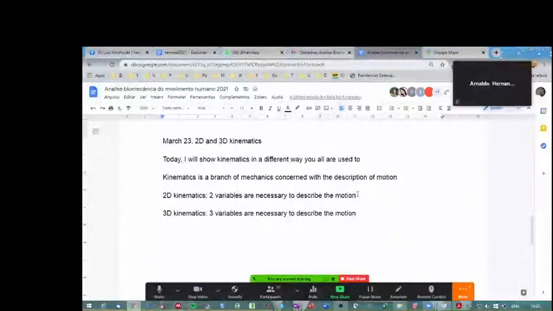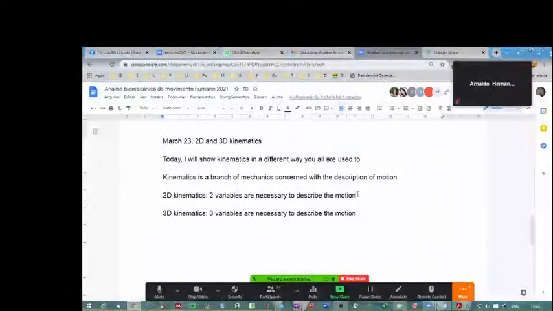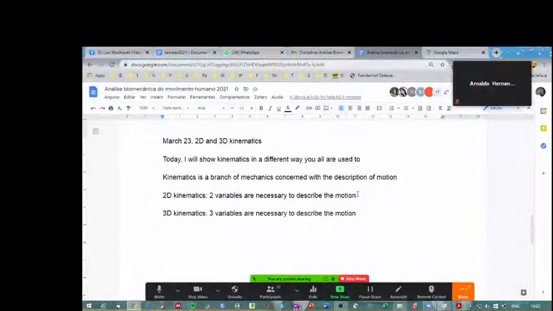This is not 2D kinematics. This is kinematics, but not 2D. This is just one-dimension kinematics, because you have just one variable.